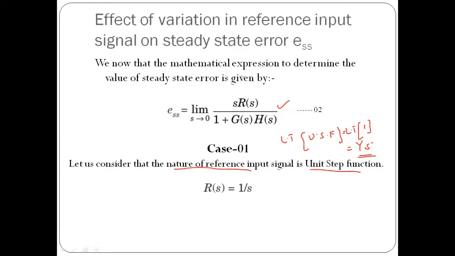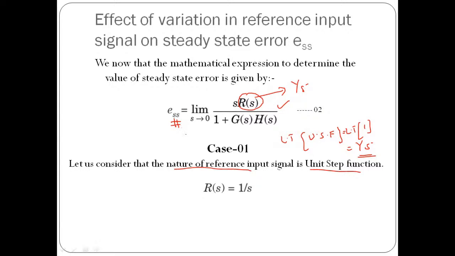So instead of writing this R of s, now we are going to replace this R of s by 1 by s. And then in that case we are trying to find out the expression for steady state error.